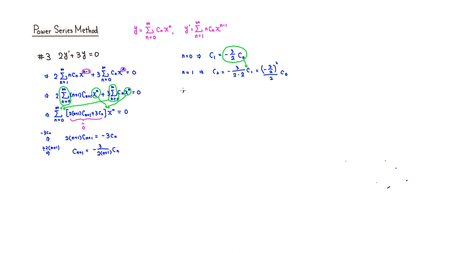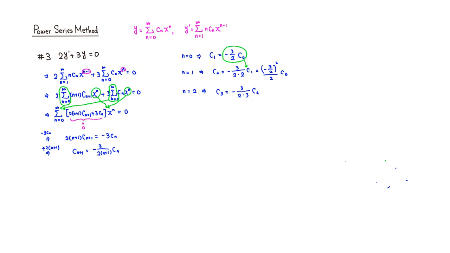Try to see if we can see a pattern here. So n equals 2. C3 can be written as negative 3 over 2 times 3 times C2.